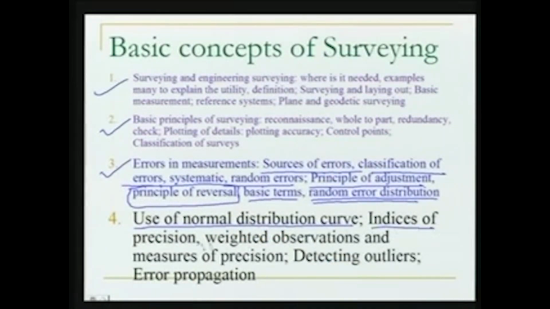We will have some indices for precision. Also, we will go for weighted observations: what are weighted observations and their measures of precision? Then, if time permits in this lecture, we will see how we can detect outliers and what happens in the case of error propagation. So this is all we are going to talk about today.